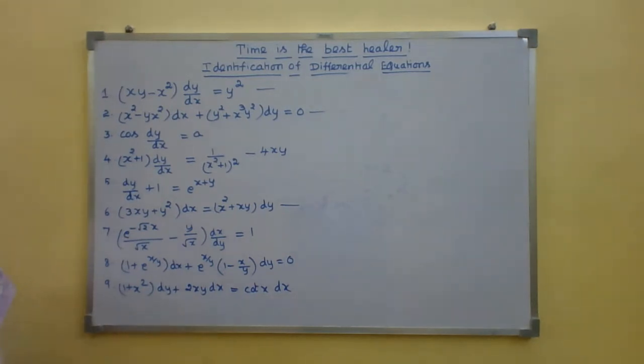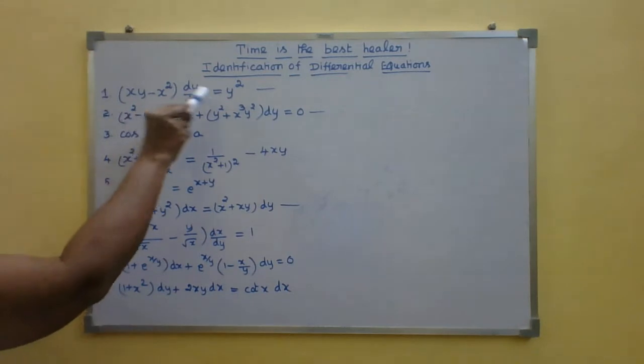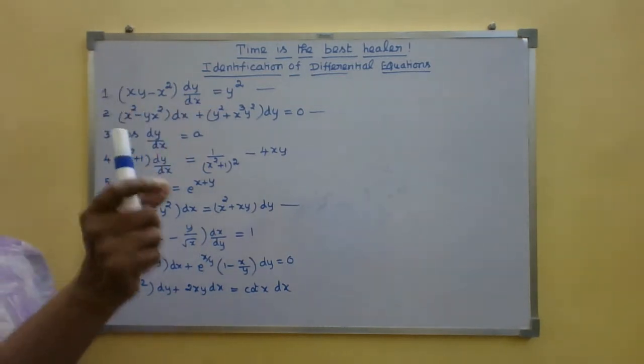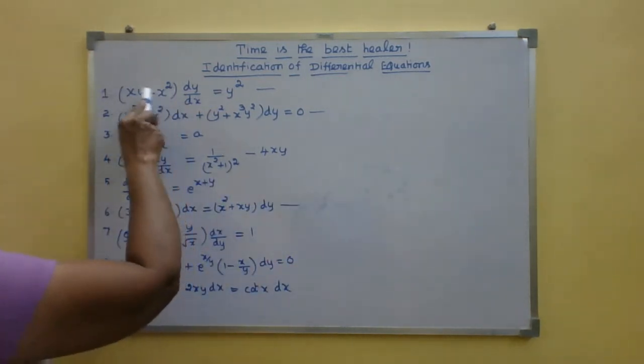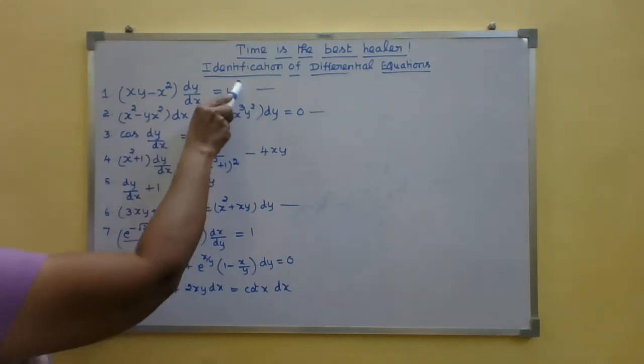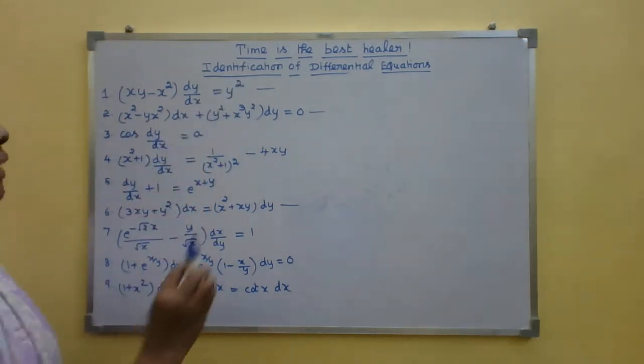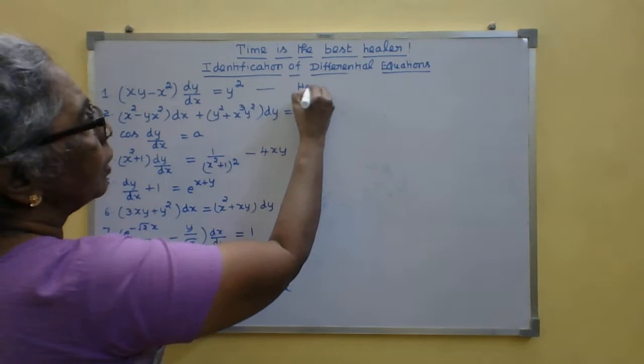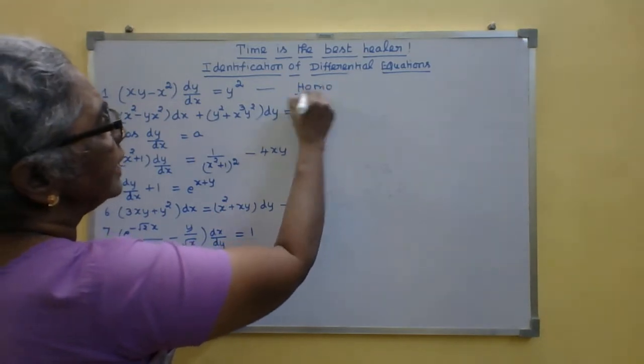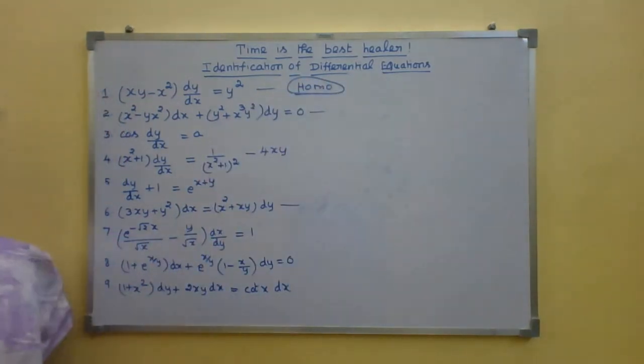Now first, let me take the first sum and tell you. Let us take each term. xy is of degree 2, x squared degree 2, y squared degree 2. So definitely I know this belongs to homogeneous type, right? So it is easy, we can identify.